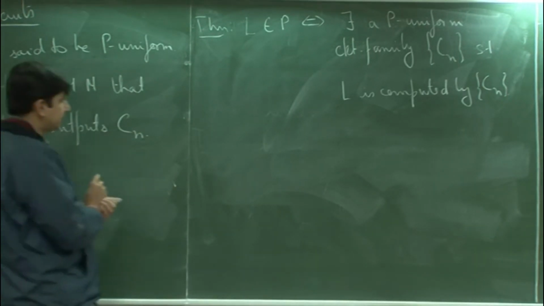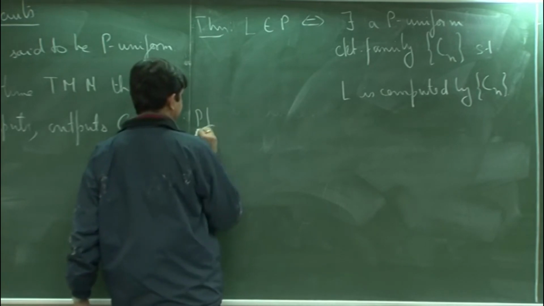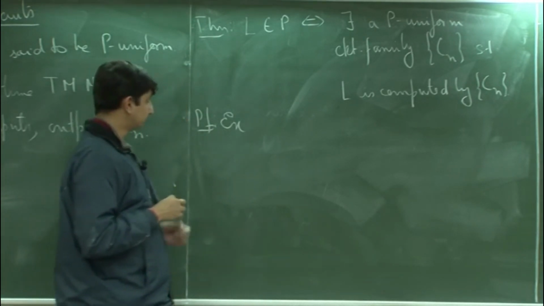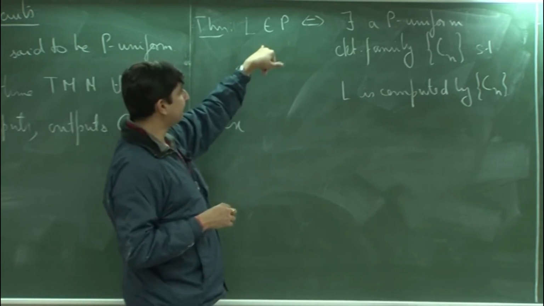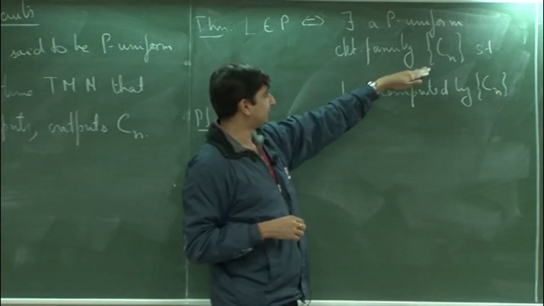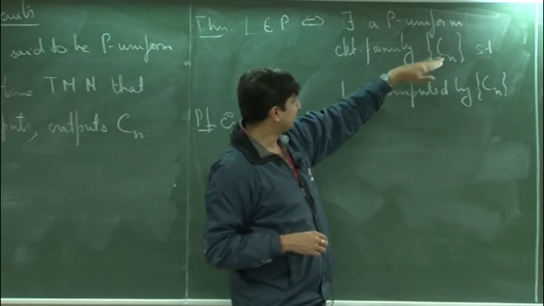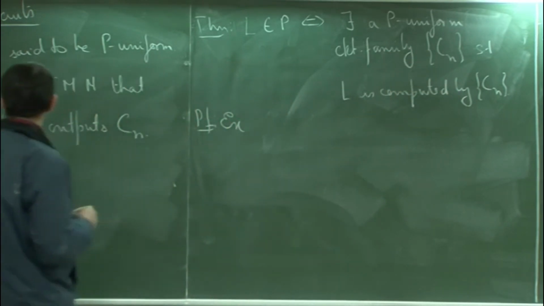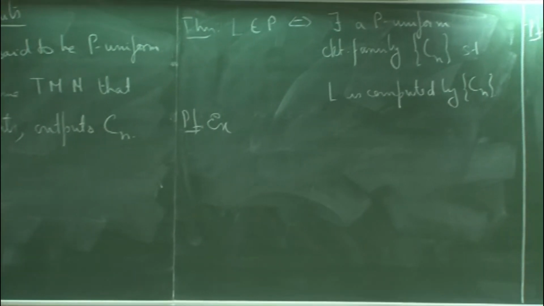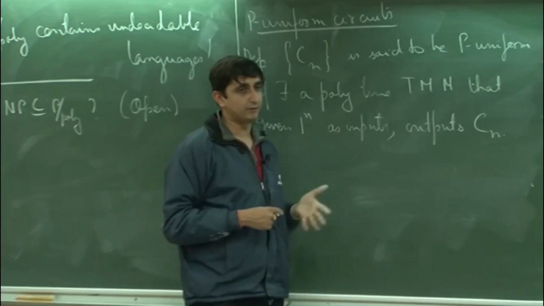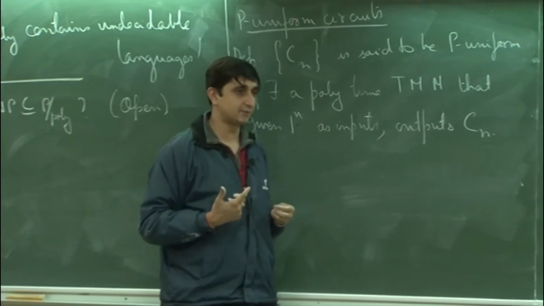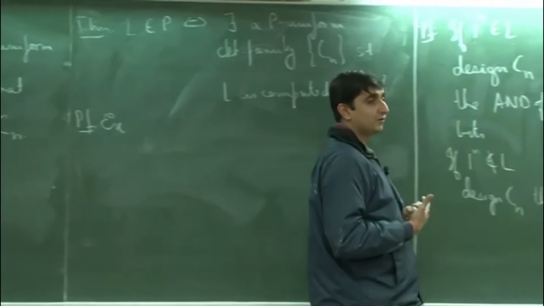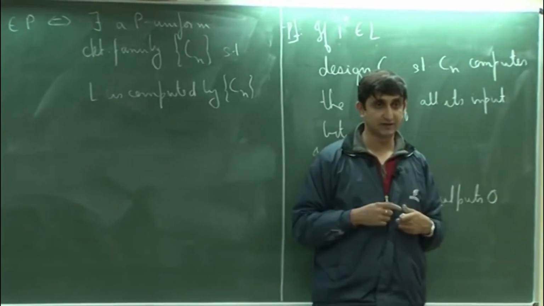I will leave this proof as an exercise. Suppose L is in P; we need to come up with a circuit family which is P-uniform. Whatever proof we gave earlier that P is contained in P/poly, you can very easily figure out that it is a polynomial time construction.